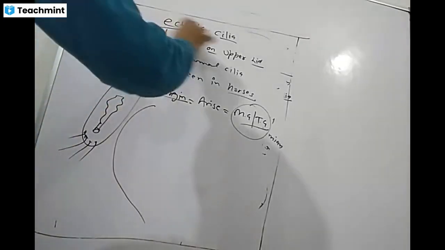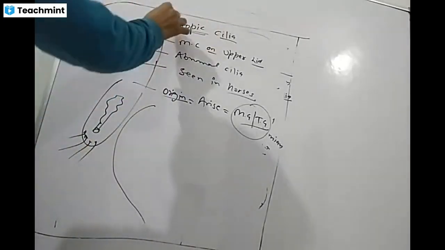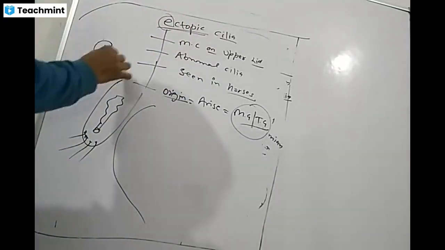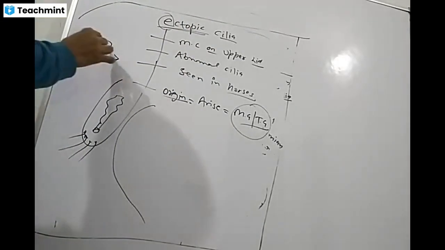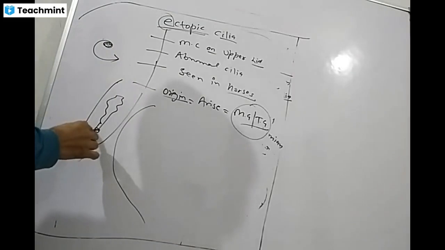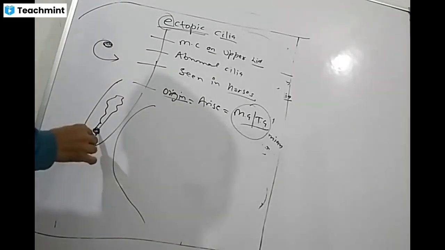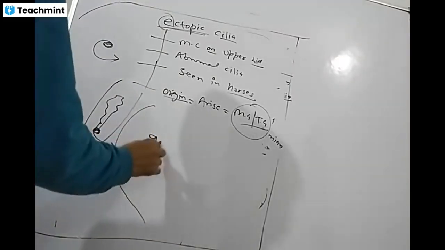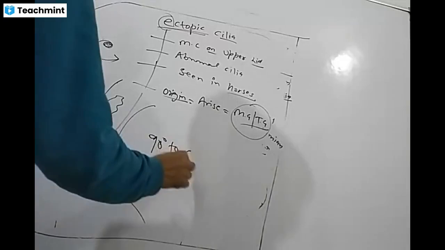But in case of ectopic cilia, as the name indicates, it starts with the E. E means these are coming out like E, like this. So if this is the opening of the tarsal gland, they are coming just like this, 90° to the cornea.